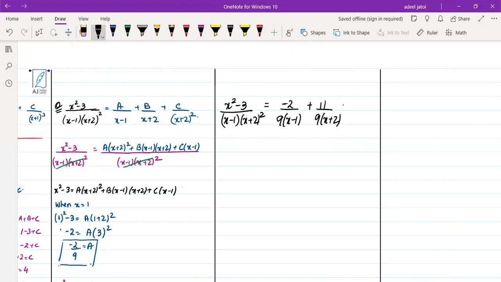And finally, your c was minus 3 upon 9, which can be written as minus 1 upon 3, which is x plus 2 whole square. So this will be the answer for the question x square minus 3 upon (x minus 1)(x plus 2) whole square.